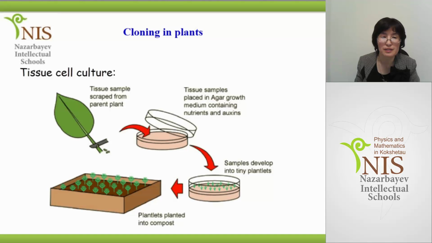Cloning in plants by tissue cell culture: first, a tissue sample is scraped from the parent plant, then these tissue samples are placed in agar growth medium containing nutrients and auxins, then the samples develop into thin plantlets and the plantlets are planted into compost.